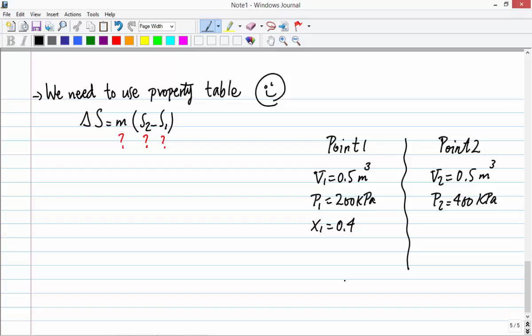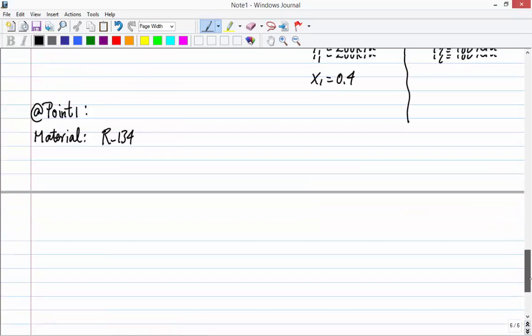So let's go to point 1. Okay, I guess now you are all experts in how to use the tables and our summary table as well.